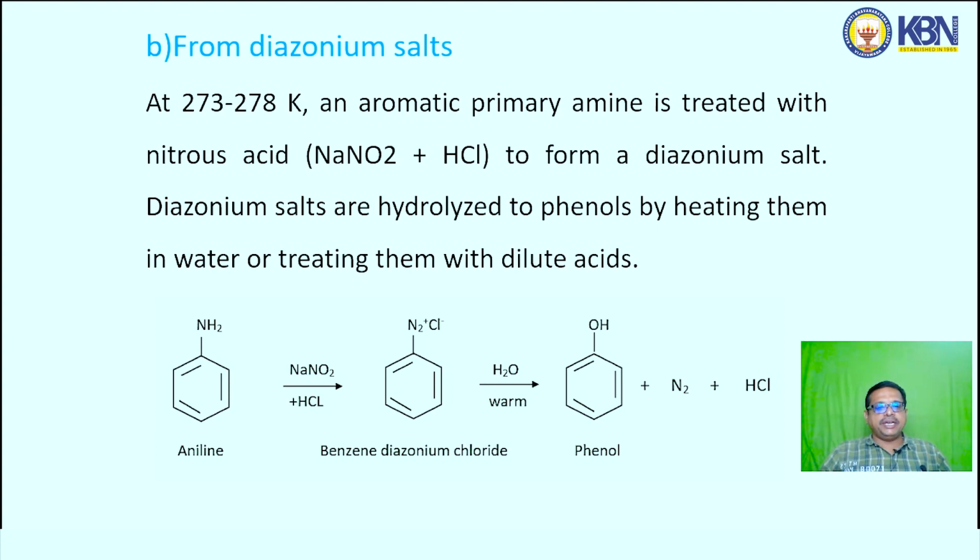Here nitrous acid can be produced by treating NaNO2 with HCl to form diazonium salt, that is benzene diazonium chloride. These diazonium salts are hydrolyzed to phenols by heating them in water or treating them with dilute acids. In this reaction, nitrogen and HCl are byproducts.